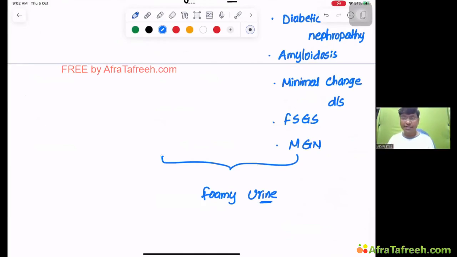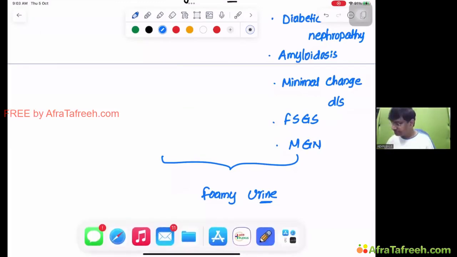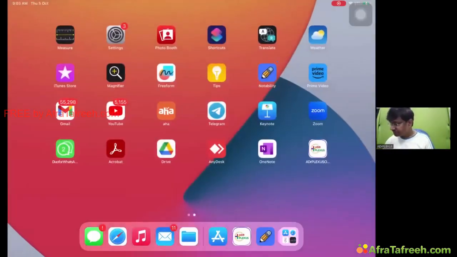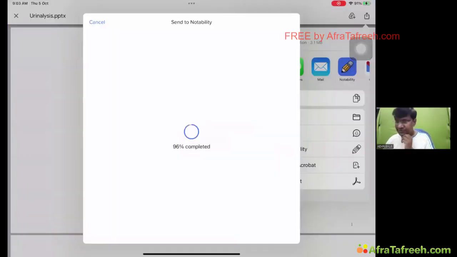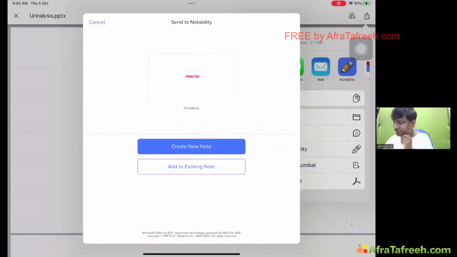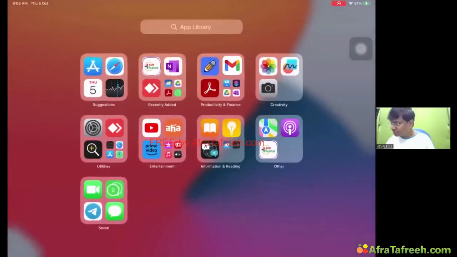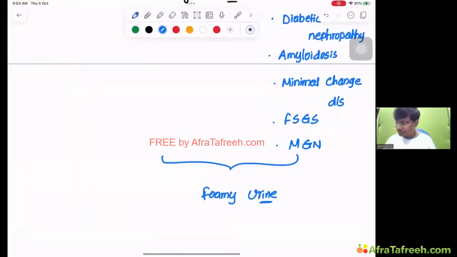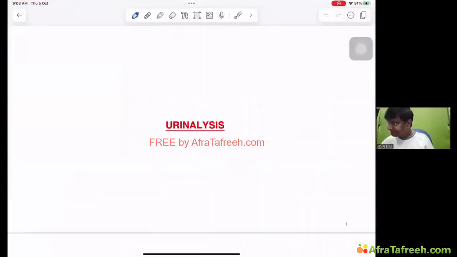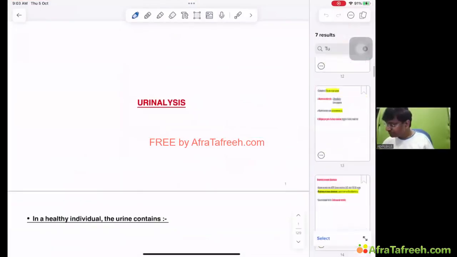But how will you differentiate foamy urine from a normal urine sample if there is a froth on the urine sample? I hope you have understood the question. Just 1 minute, I'll open that image for you. How will you differentiate a urine sample containing excess protein from a normal one? Okay, so you see this urine sample here.